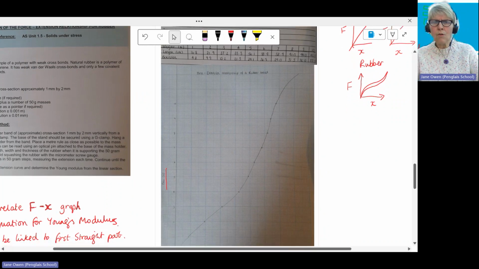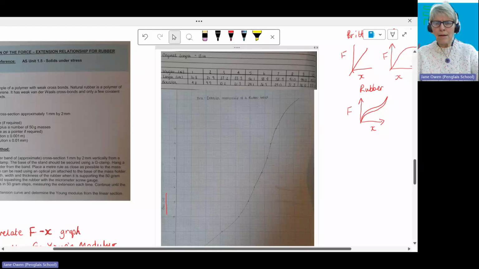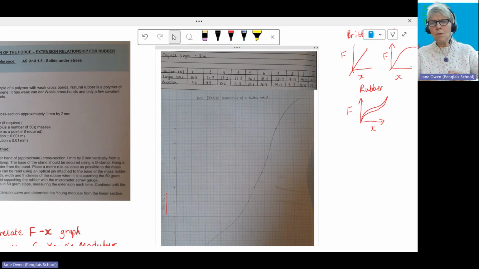So we took the original length of the rubber band, we set up a ruler next to it, we clamped it, and we just measured the whole length of the rubber band, having cut it so that it's only a single strand. And then we loaded it up with different weights, and we measured the new length.